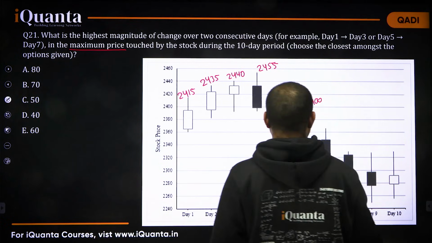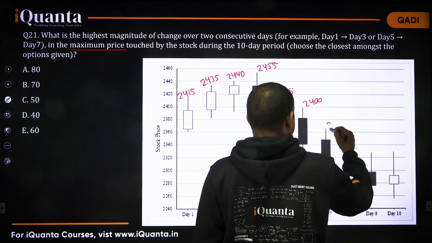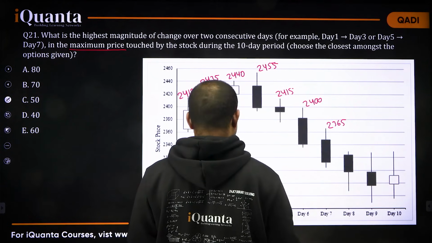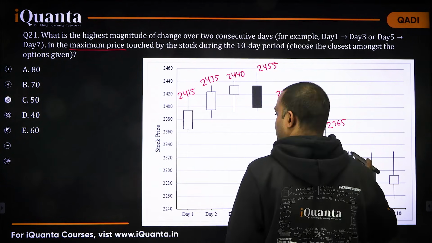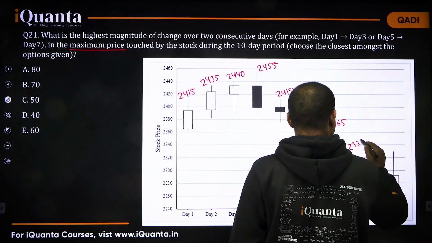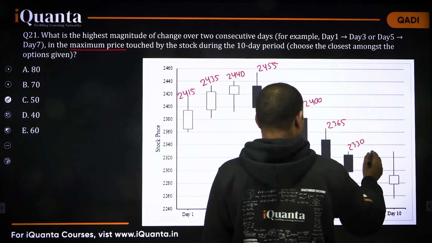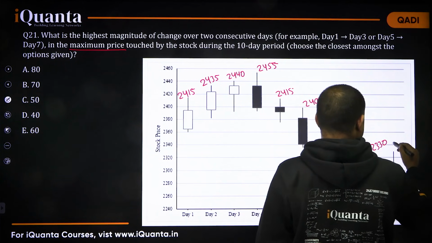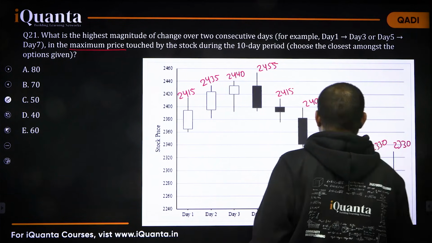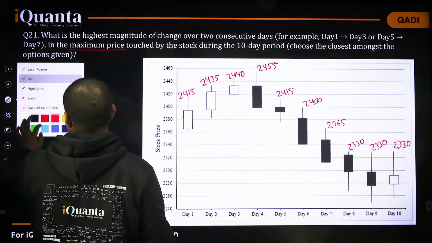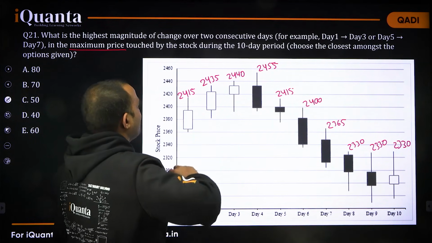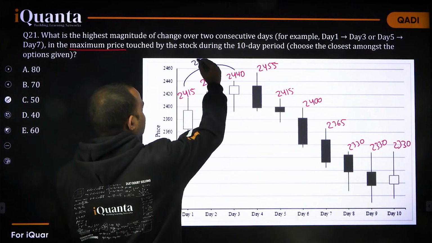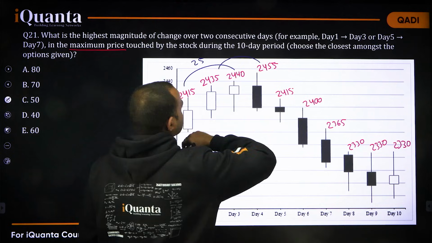For day 7, we can take this as 2365, and for day 8, it's exactly in between, so 2330, and for day 9, it's exactly in between, so 2330, and this one again 2330. So what's the change in the case of a 2-day gap? From here to here, the change is 25, which is very less, right? From here to here, the change is 20.